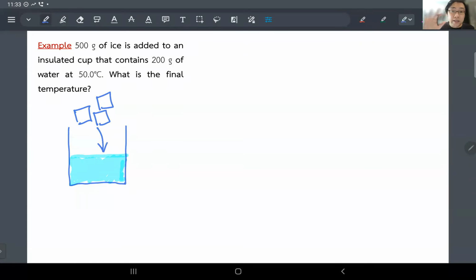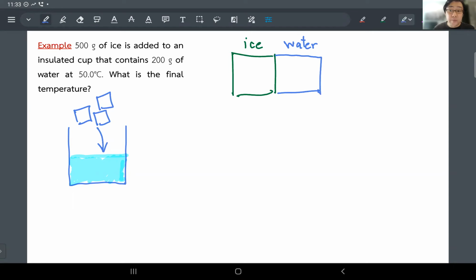In terms of the diagram, one side of this thing is ice and one side of this thing is water. Does that make sense? Okay. So you put ice into thermal contact with water, and this is a whole isolated system of yours.